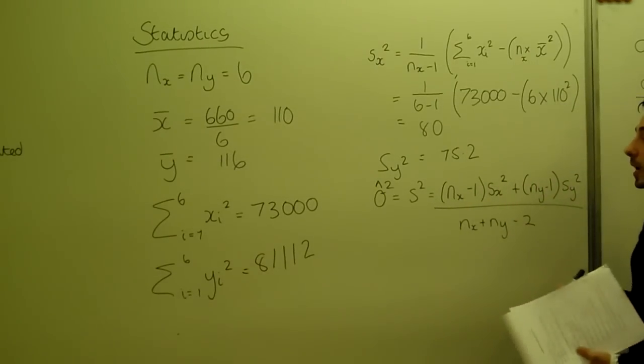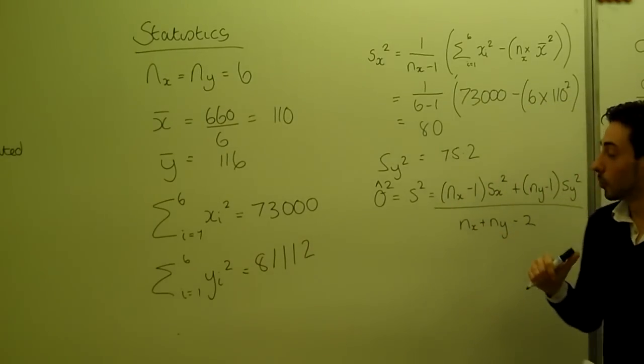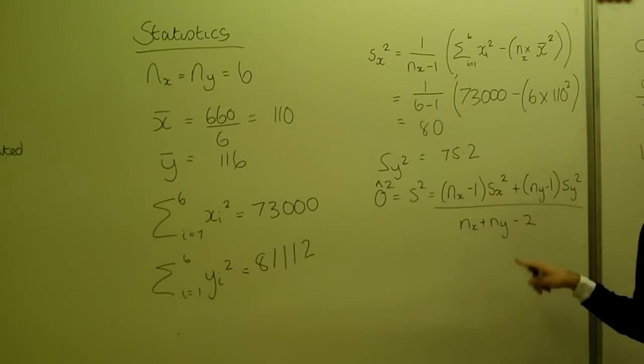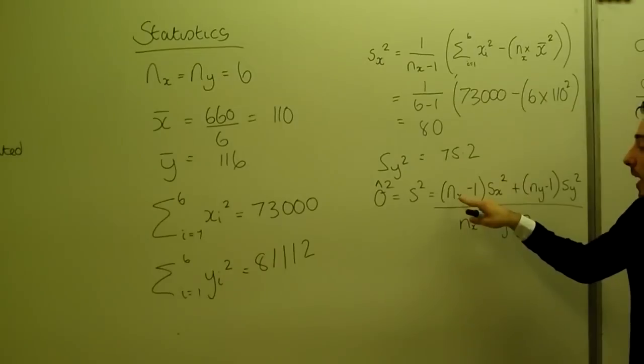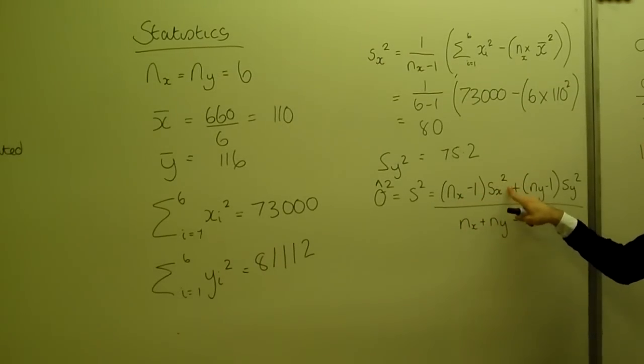And now we need a combined estimator, our sigma squared hat for this value. Because we're assuming equal variance, we can then pool this in the form we have here. So what we're saying is it's n, which is our observation minus 1, multiplied by our sx squared.